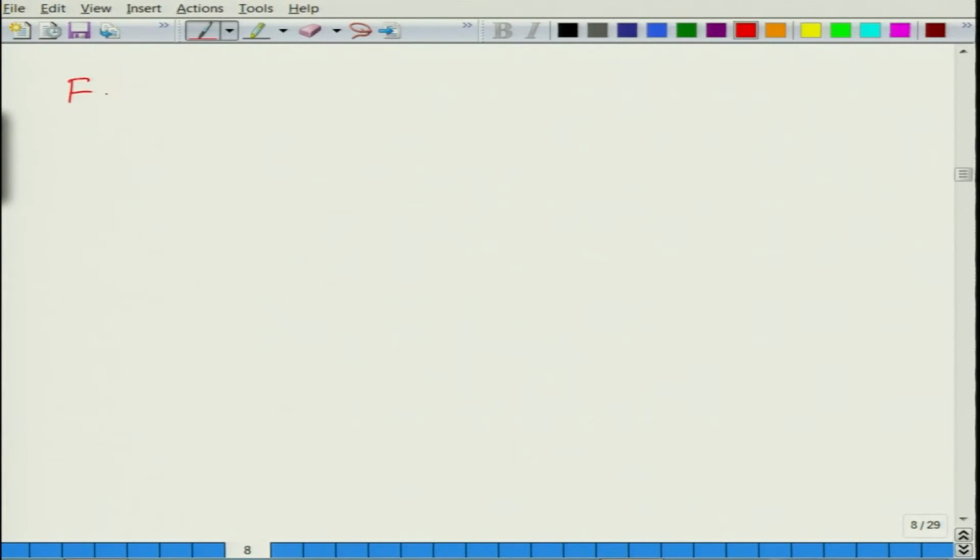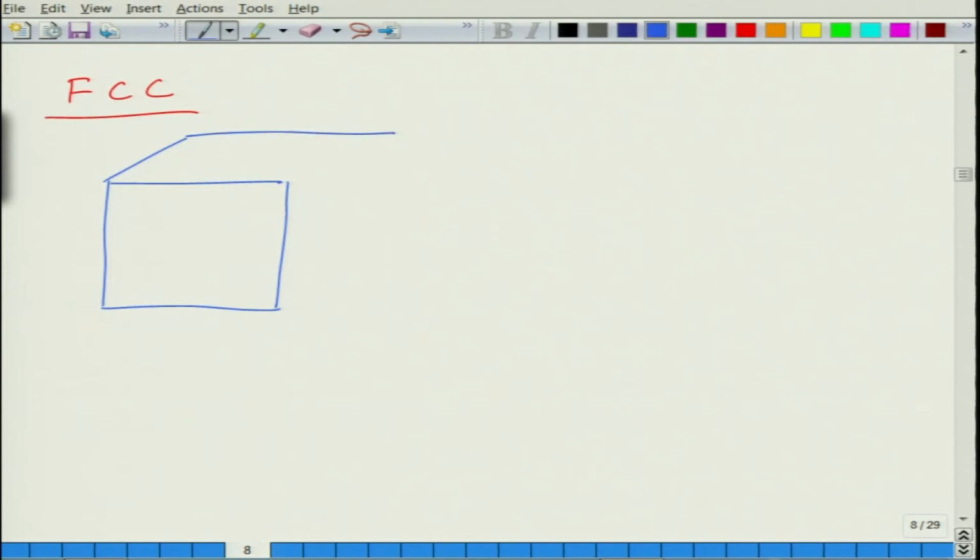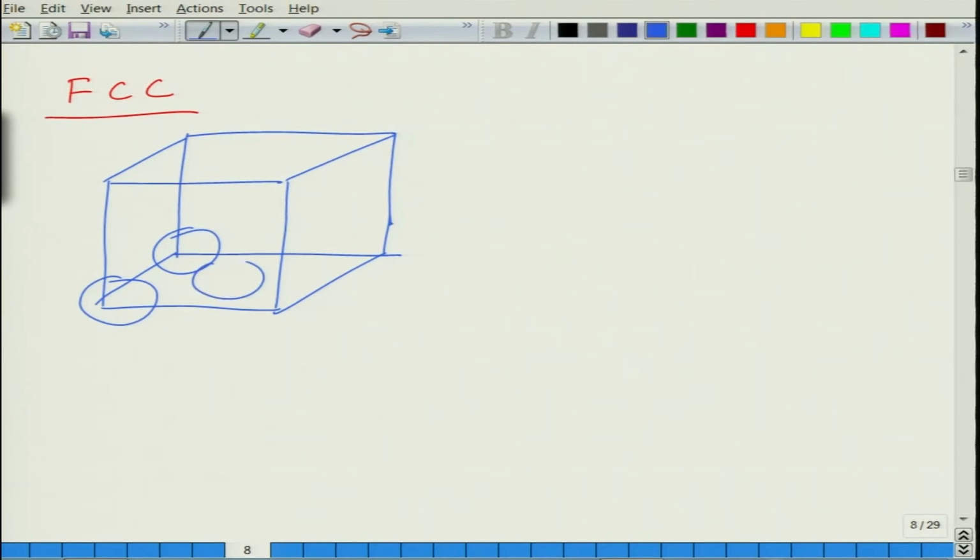Coming to FCC, okay. So, FCC is this, where you have this atom, this atom, this atom, this atom and this atom. Okay. So, essentially you can say that the atoms touch along the faces. Okay.